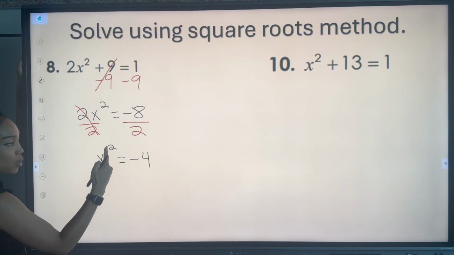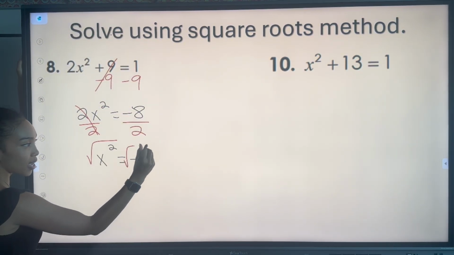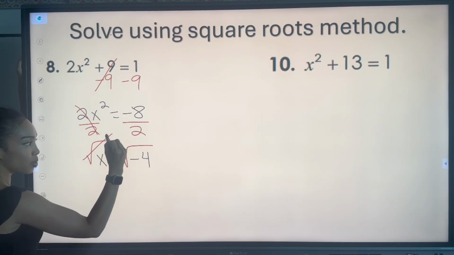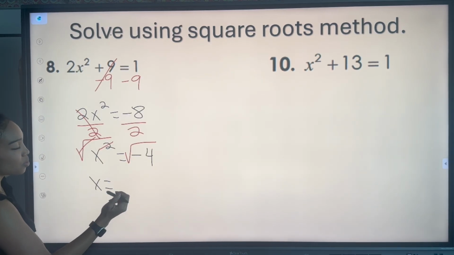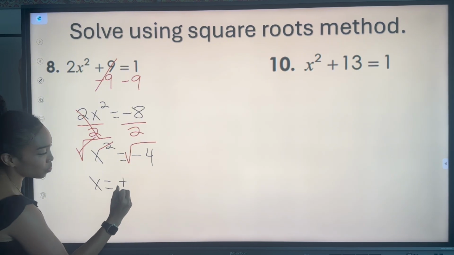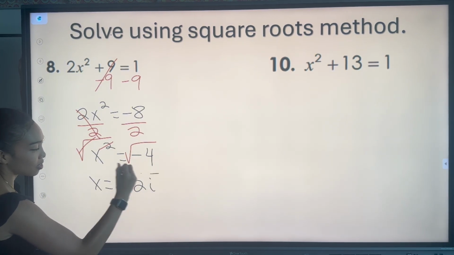Now that x squared is by itself, you can square root both sides. The square root will cancel out with the squared. You're left with x is equal to, the square root of 4 is 2, and the square root of a negative is i. So this is your answer.